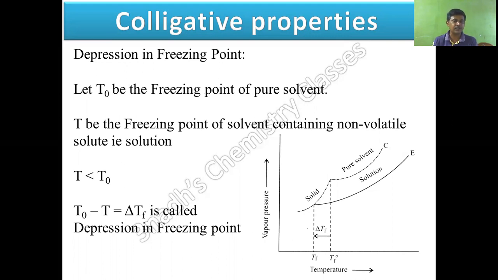The freezing point of the solvent decreases. That's why the freezing point of the solution is always less than the freezing point of the pure solvent. This T naught minus T we call the depression in freezing point.